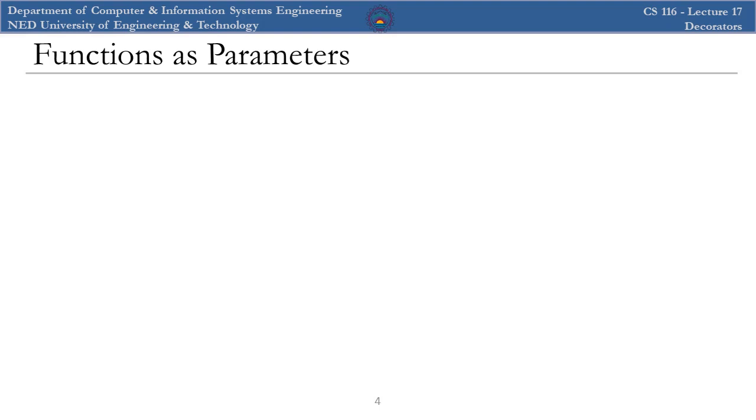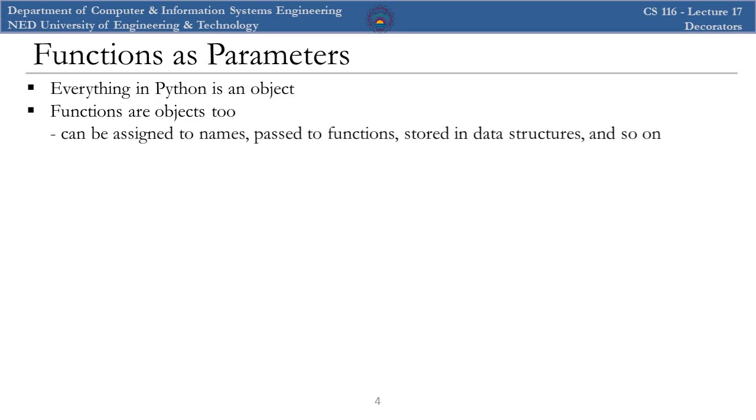We have discussed many times in Python that everything in Python is an object. The same is the case for functions. Functions are also a kind of object. In fact, they are considered first class objects in Python. By first class object, I mean that they can be manipulated the same way as other objects can be manipulated.